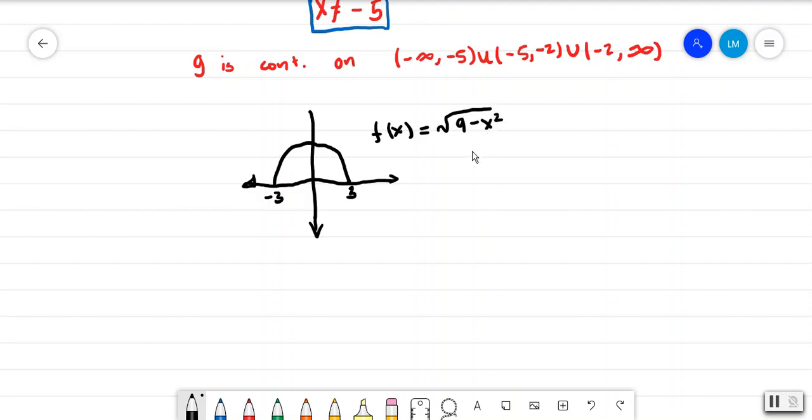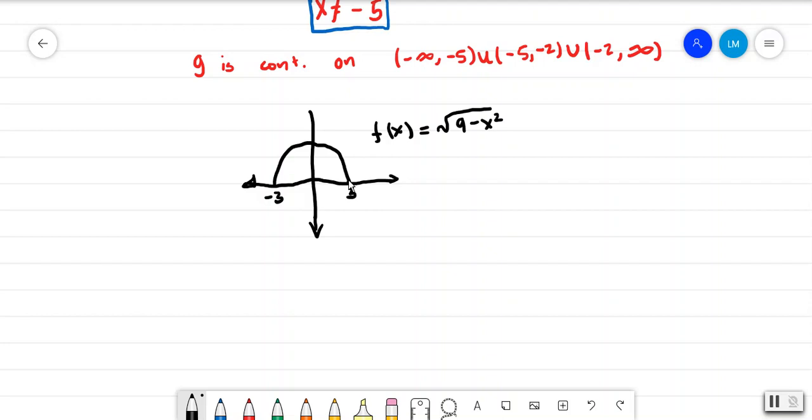In this case, we're looking at the right of negative 3 and the left of 3. But on the right of 3, it's discontinuous. At negative 3, it's also discontinuous because it's undefined from the left side and from the right side of 3, respectively.